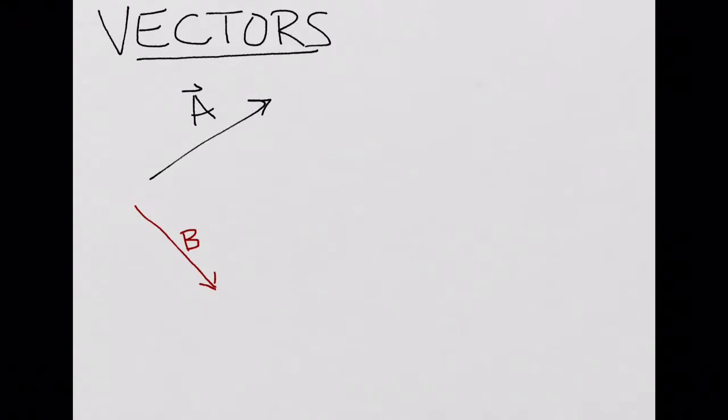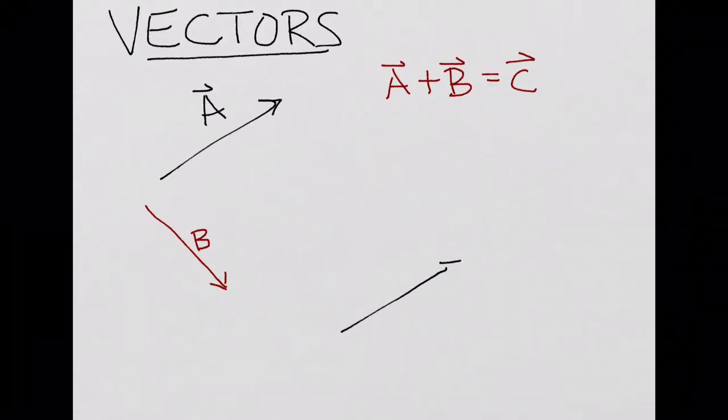What we'll do is, if I want to come up with an operation called A plus B and create a new vector, then I'll take A, I'll lay it out, and I'll take the B vector and I'll draw it from the end of A downwards.